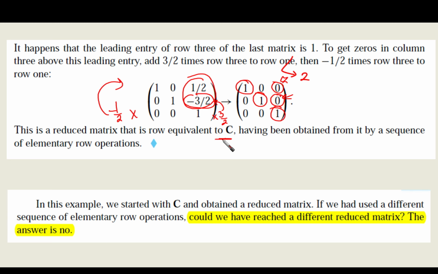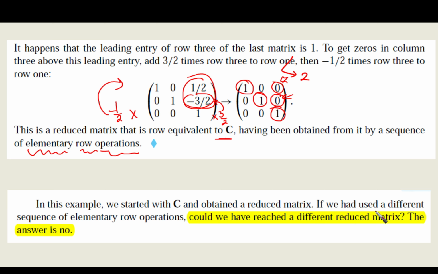We call it row equivalent because we have done some row operations, having been obtained from it by a sequence of elementary row operations, as you have seen. In this example, we started with C and obtained a reduced matrix.